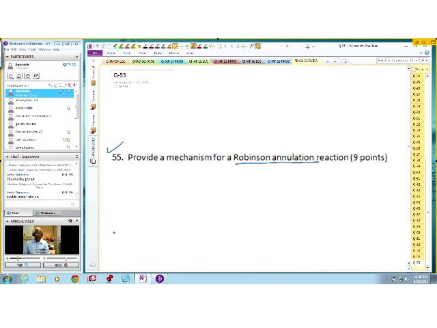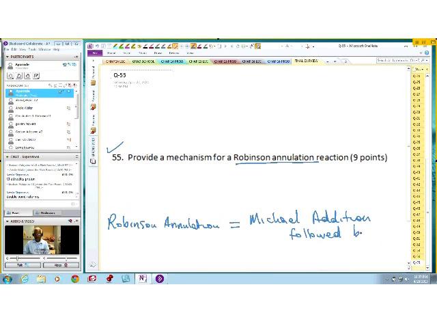So the only thing you need to know here is Robinson annulation reaction is equal to a Michael addition followed by an intramolecular aldol condensation.